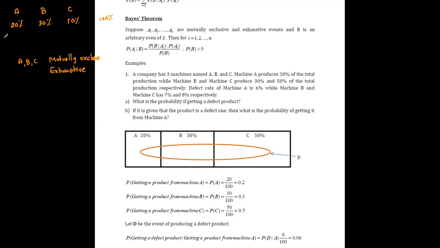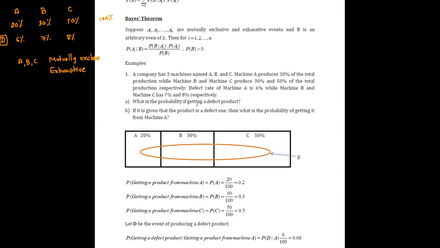If machine A produces 100 items, 6 will be defect items. Machine B produces 100 items, then 7 will be defect items. Likewise, the defect rate for machine C is 8%.